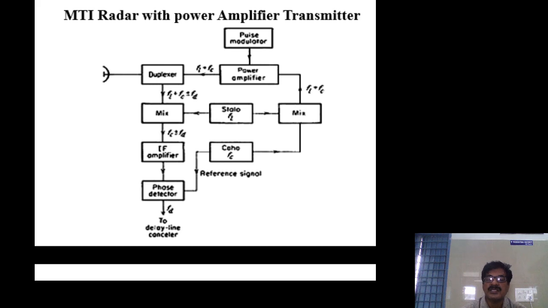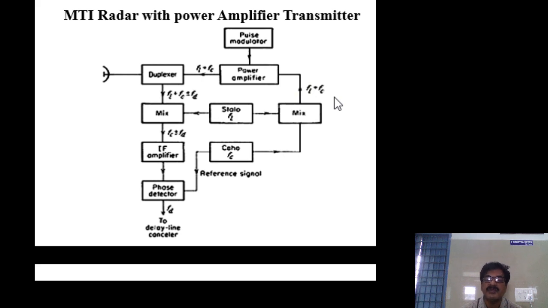These two oscillator outputs are connected to the mixer shown here. The mixer mixes these two frequency signals so that the output of the mixer is Fl plus Fc.